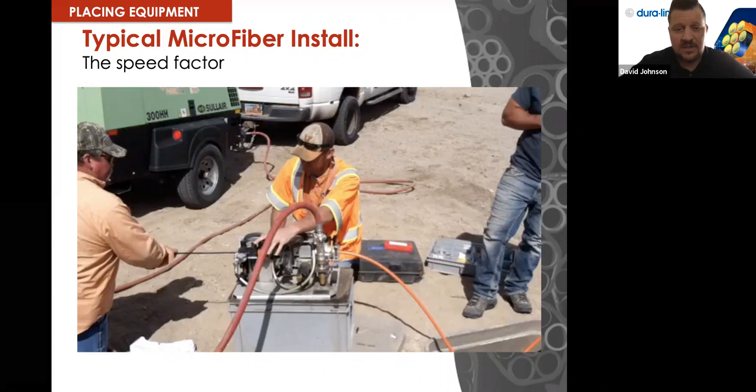It allows you to put multiple miles in a day in a short amount of time and at a lot faster speeds. We can show this video to you on a follow-up if that's something that you guys want to see. We'll pass on that one for now.